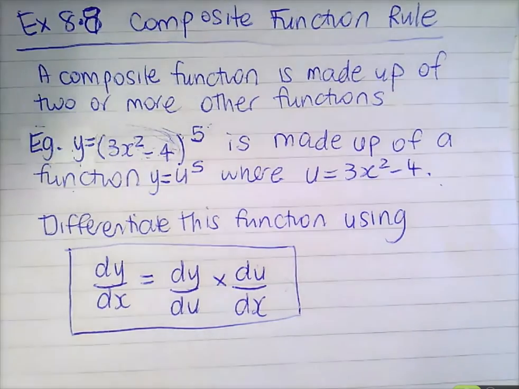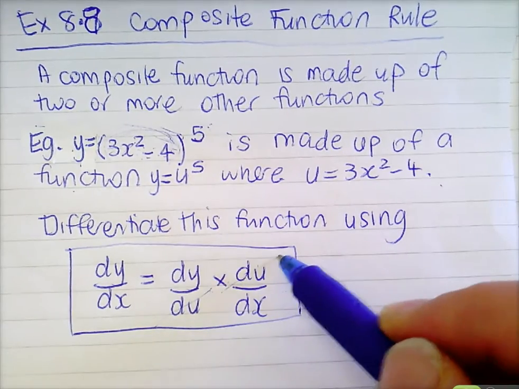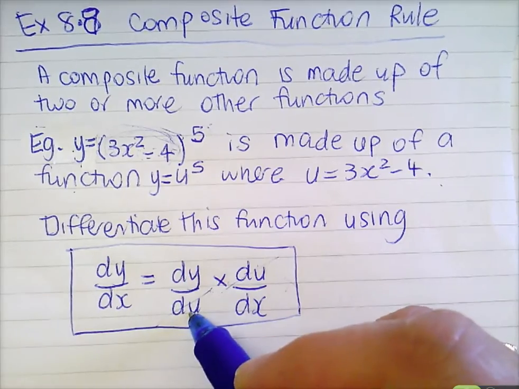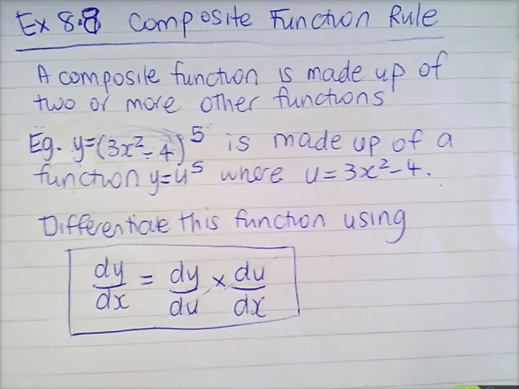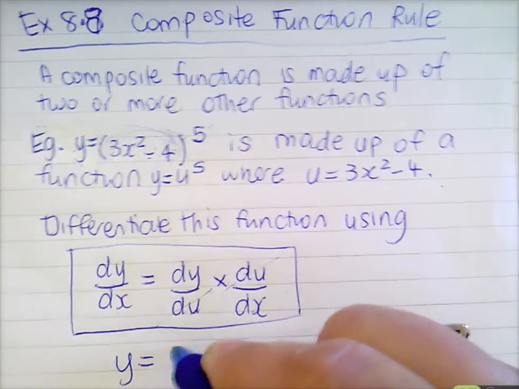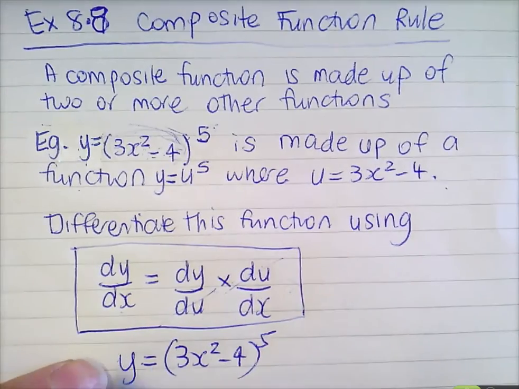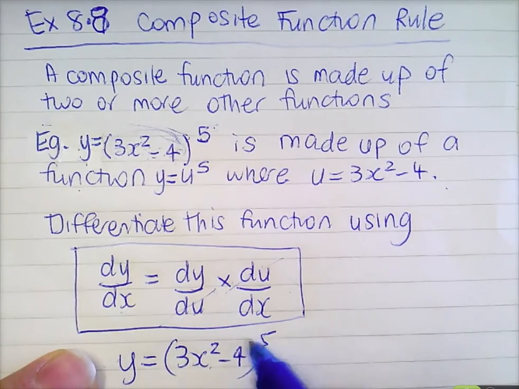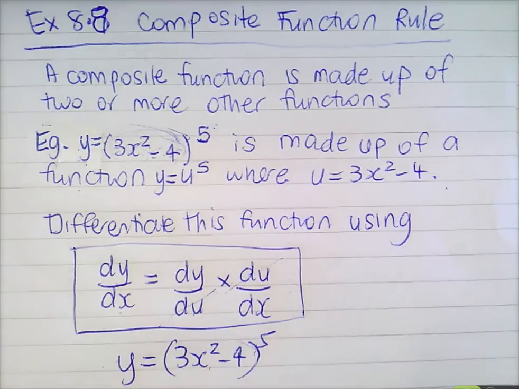Now, why does that work? Girls, if you're multiplying fractions, what would happen with the two du's? They would cancel and leave what? Yeah, because I've started with dy/dx, girls. So if my function is y equals (3x squared minus 4) to the power of 5, does it make sense that you're doing dy/dx? Yes. But the problem is you don't just have one x to the power of 5, you've got this complicated function to the power of 5.